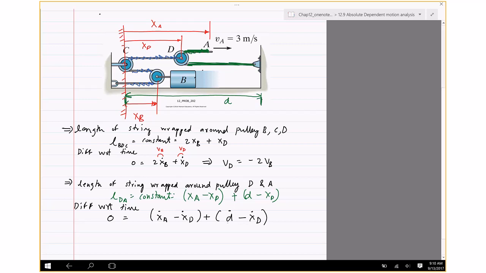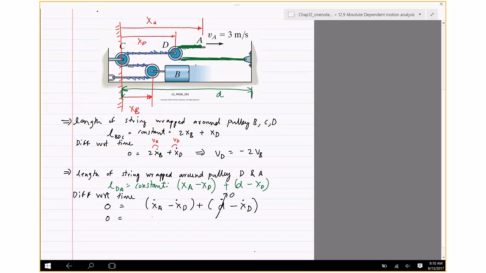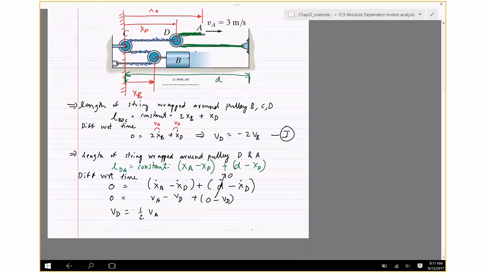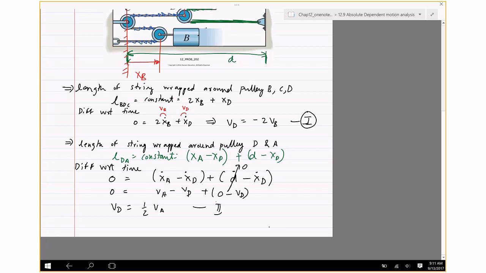So if this is VA, this is VD, plus 0 minus VD, which gives me, I believe, VD equals half VA. So I have an expression for VD from the first expression I derived, and I have an expression for VD from the second expression.